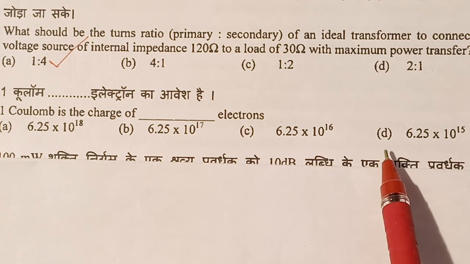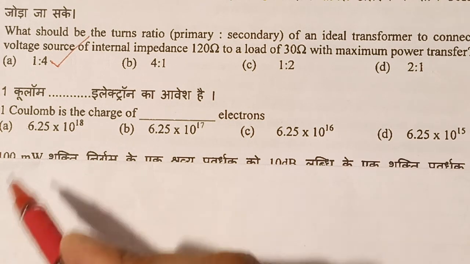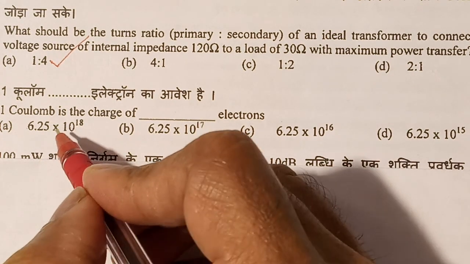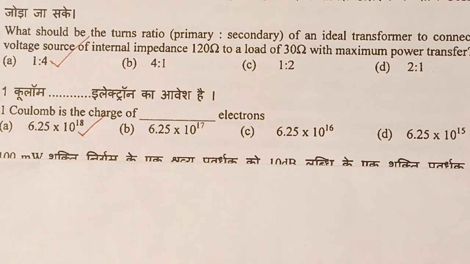Option D, 6.25 times 10 to the power 15. The answer is option A. So 6.25 times 10 to the power 18 electrons provide 1 coulomb of charge.